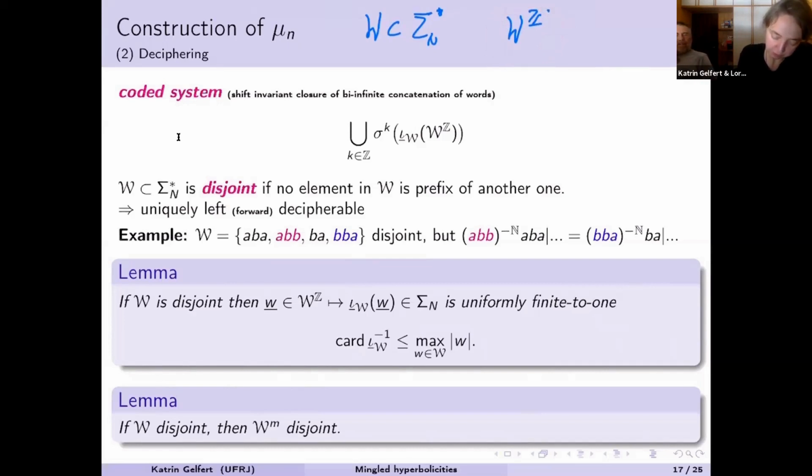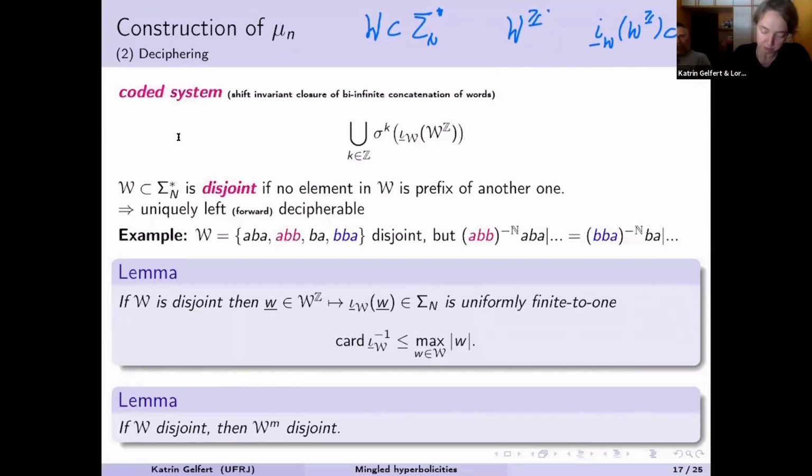Well, I would like to be a bit more precise. I would like to distinguish between the bi-infinite concatenation of words and their embedding into the original shift space. So it's a different issue to just talk about the bi-infinite concatenation of words and their result as a bi-infinite sequence in the original shift space.